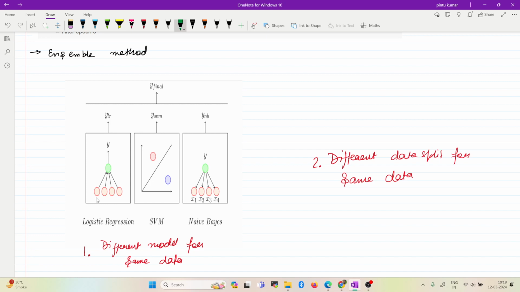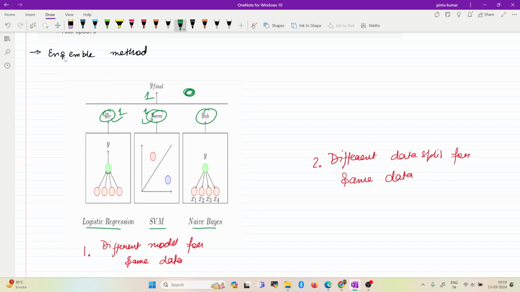What if we combine the predictions of both these models so that the overall picture does not make errors on a lot of test data points? For example, let's say you train model 1 as logistic regression, model 2 as your SVM and model 3 as naive Bayes, and you obtain output from all three. If two of them say the output is 1, you predict 1, otherwise you predict 0. This kind of method is known as the ensemble method.